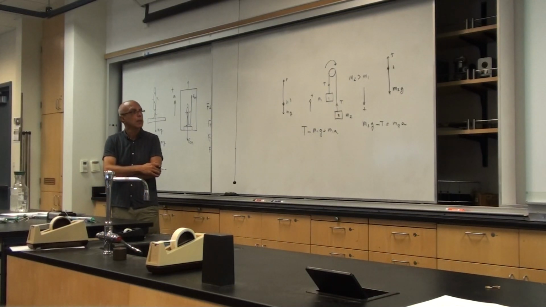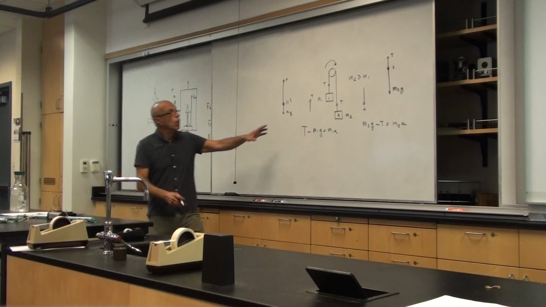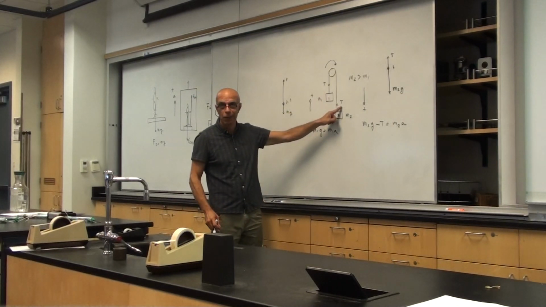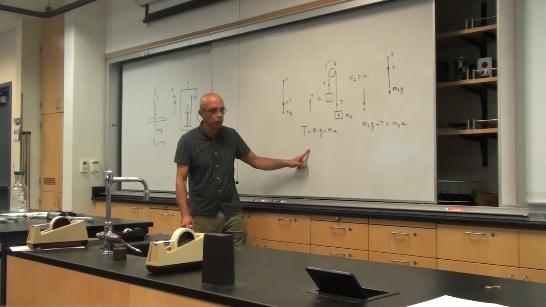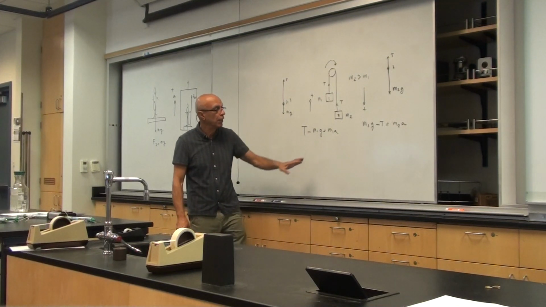All right? Now, we know T is equal to T, right? So I can solve it for T here, solve it for T here, and make this equal, right?